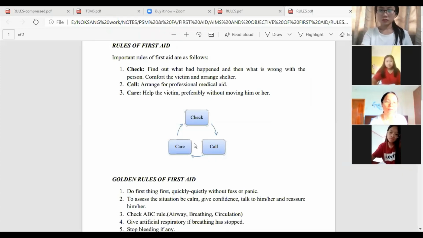Ma'am, do we need to draw this diagram? Yes, this one, below the rules of first aid. Or if you didn't keep space, I forgot to tell you, you just draw this figure.